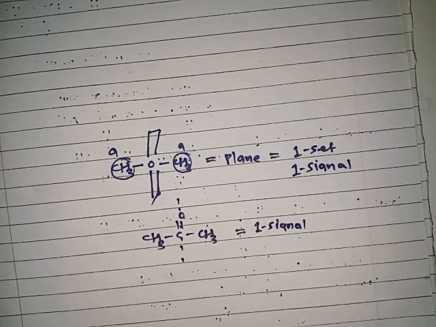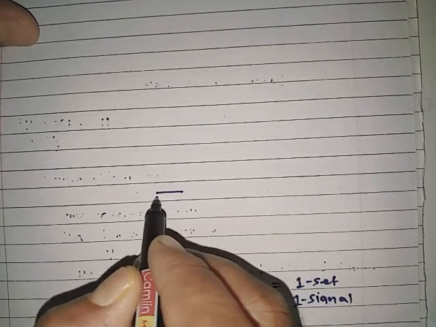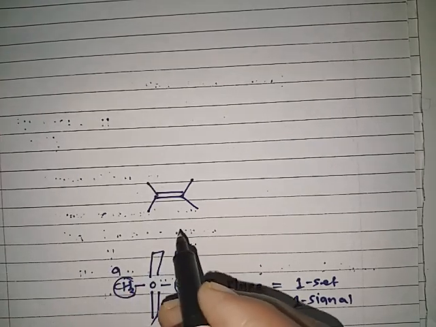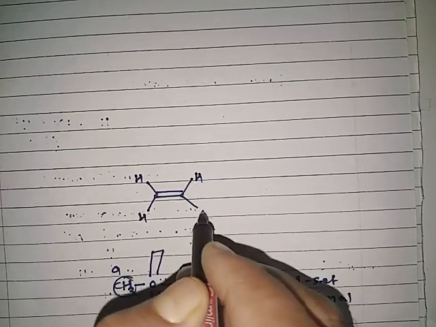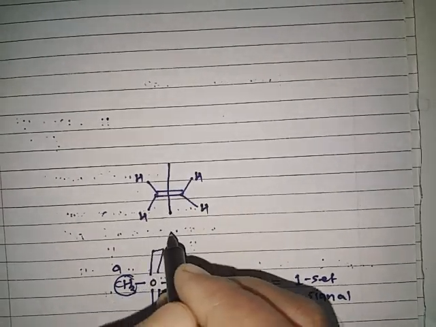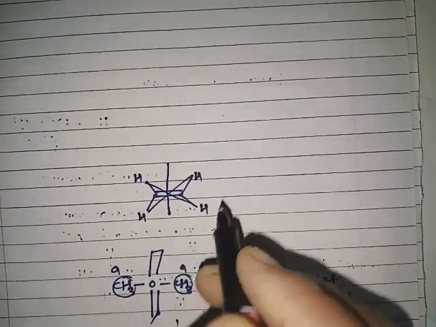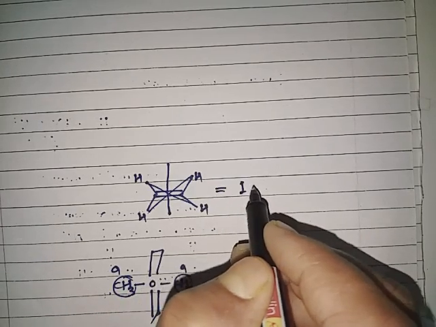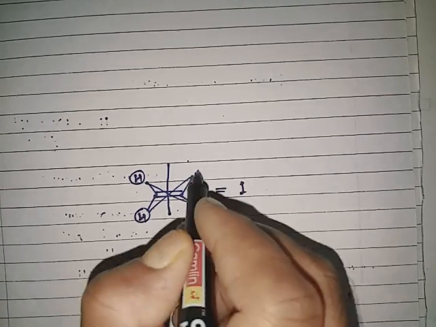If you take an unsaturated compound like ethene, again this contains a plane of symmetry as well as a center of symmetry. So this shows one signal only because all these protons are identical.